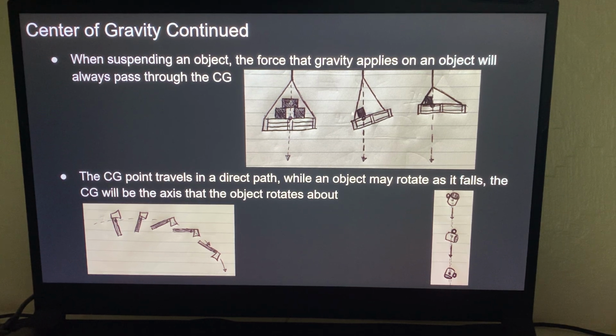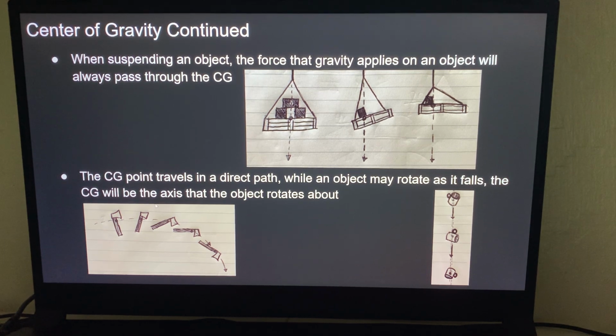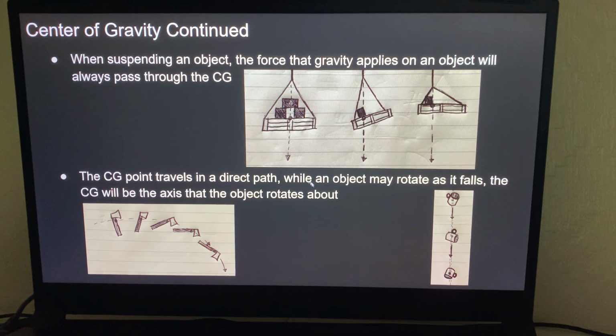And if we wanted this second picture to be stable, we would have to shorten the length of this left cable so that both moments are equal. The center of gravity point travels in a direct path. While an object may rotate as it falls, the center of gravity will be the axis that the object rotates about. I have a little picture right here of a hatchet that was thrown.